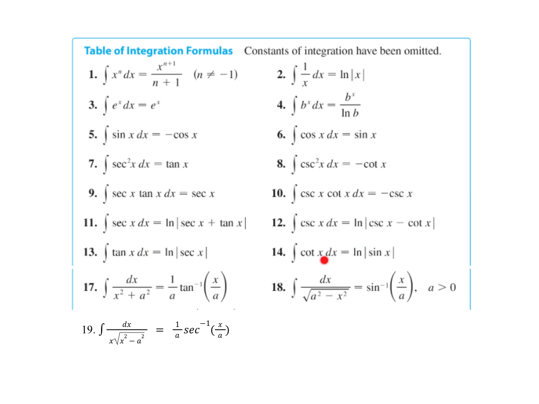So again, these would be really nice to know. Some of these we did do. You can find these antiderivatives using U-sub, but it might be useful just to memorize some of them. And then as well as recognizing some of these for our inverse trig functions.